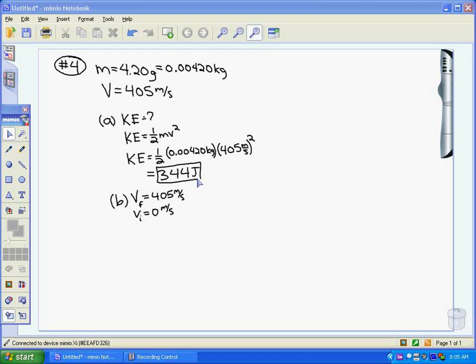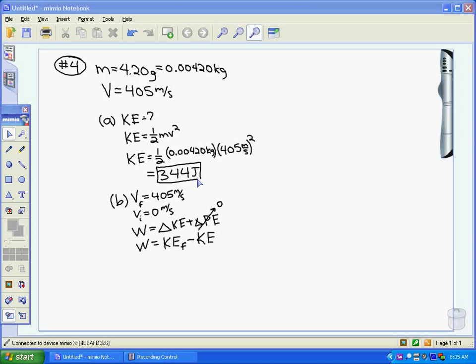Now work is going to be equal to the change in mechanical energy, so change in kinetic energy plus change in potential energy. Now this was fired horizontally, so in this case your potential energy change is 0. So work is going to be equal to kinetic energy final minus kinetic energy initial.